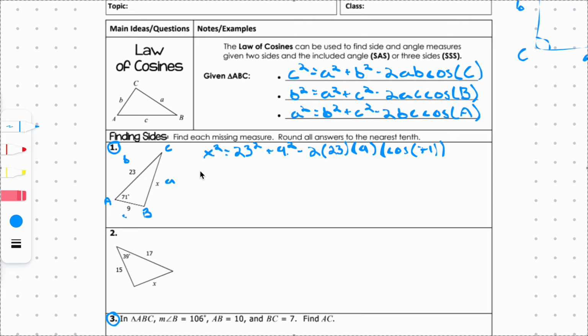Okay, and so now we can just evaluate this entire right side of the equation. We have x squared equals 23 squared is 529. So I'm going to say 529 plus 9 squared, which is 81, minus 2 times 23 times 9. I'm just going to do that out. 2 times 23 times 9 is 414 times cosine of 71. Sorry, so I'm actually going to evaluate what cosine of 71 is.